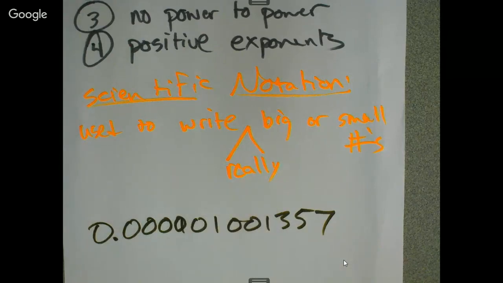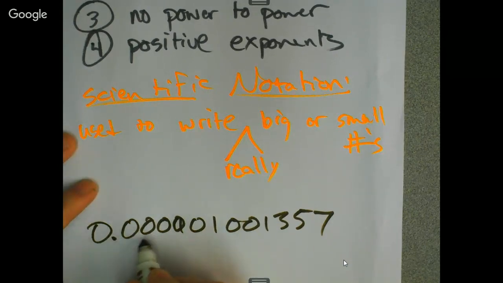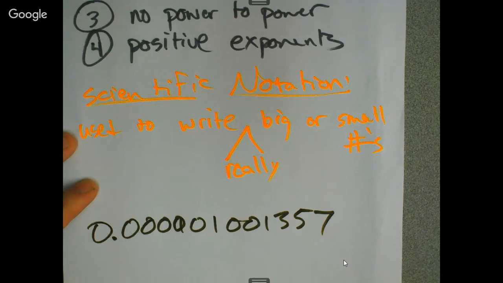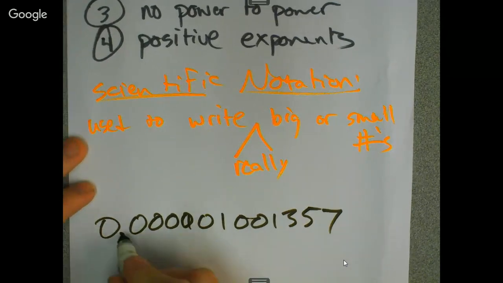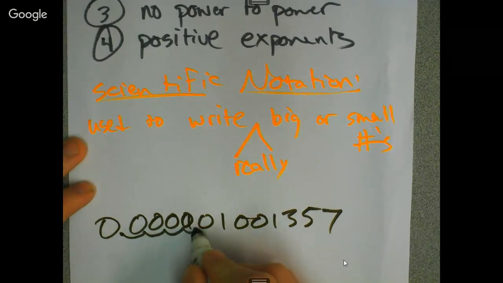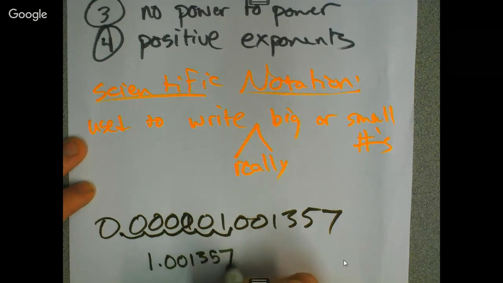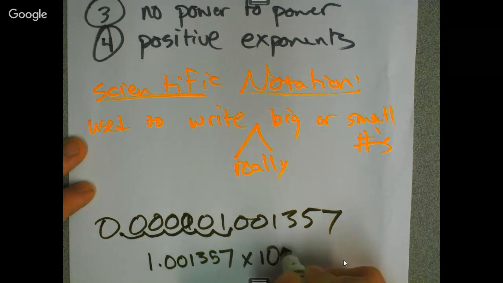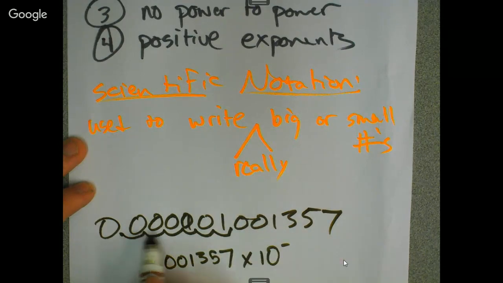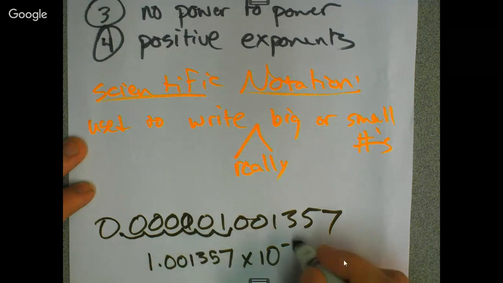I'm going to write this using scientific notation simply by counting how many times I need to move my decimal. So that is 1, 2, 3, 4, 5, 6. I go until I hit the first non-zero number. So that is 1.001357 times 10 to the negative, and then 1, 2, 3, 4, 5, 6.